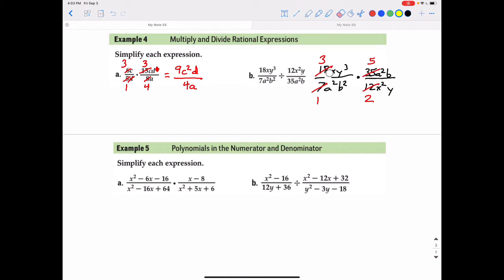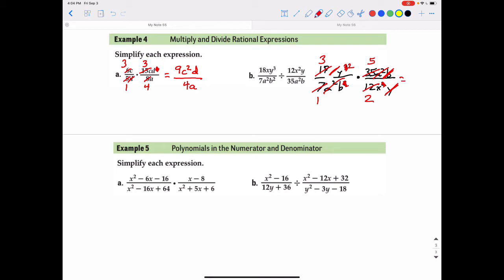This x in the numerator of the top fraction can be canceled out with one of the x's down here. The a squares can be canceled out entirely. The b in the top right can cancel out with one of the b's down here. And then the y in the bottom right can cancel out with one of the y's in y cubed, and that would leave me with y squared.